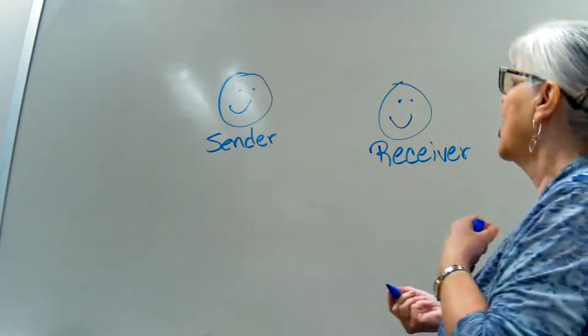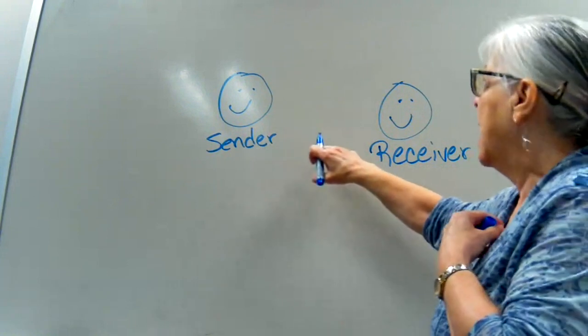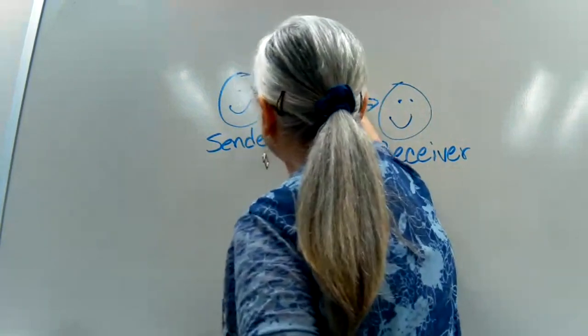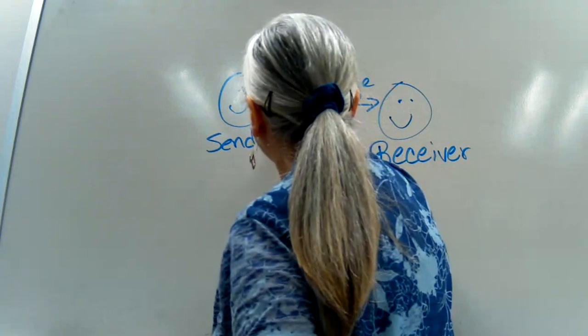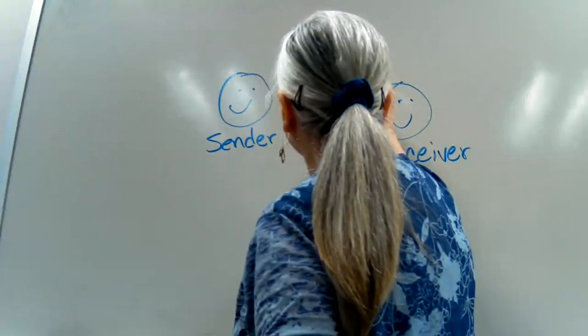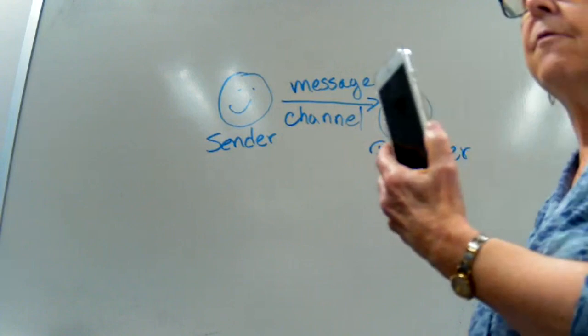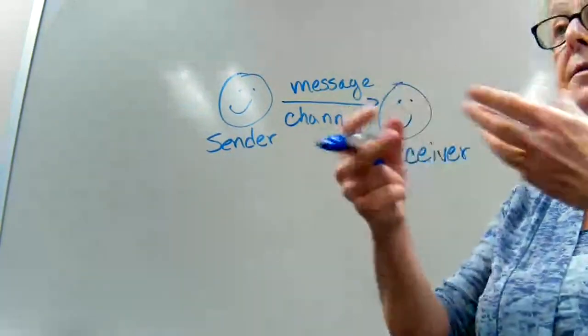You being the sender or I being the sender, in this model, I am going to send a message over a channel. Now that channel might be a text on a cell phone, or the computer in front of you. It might be standing face to face.